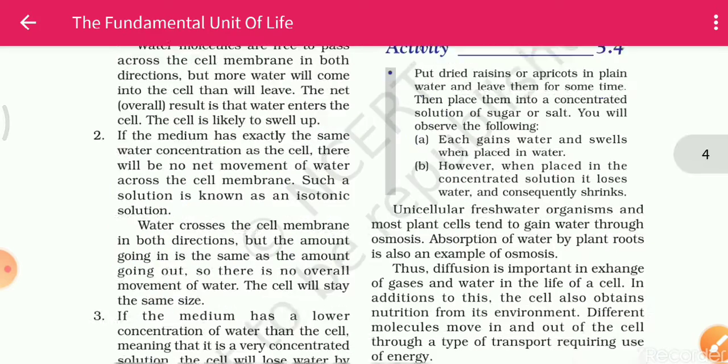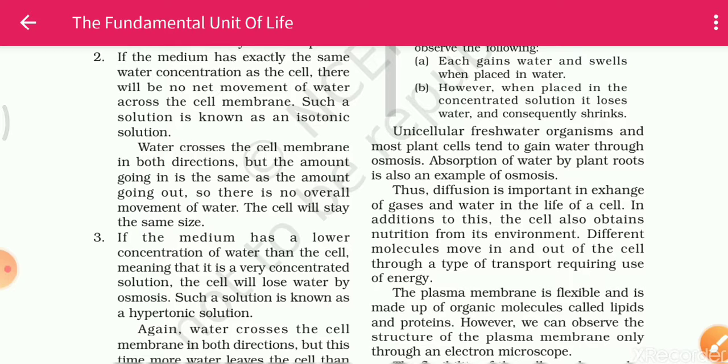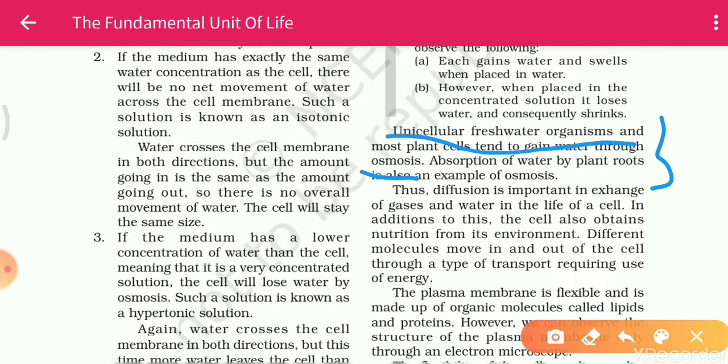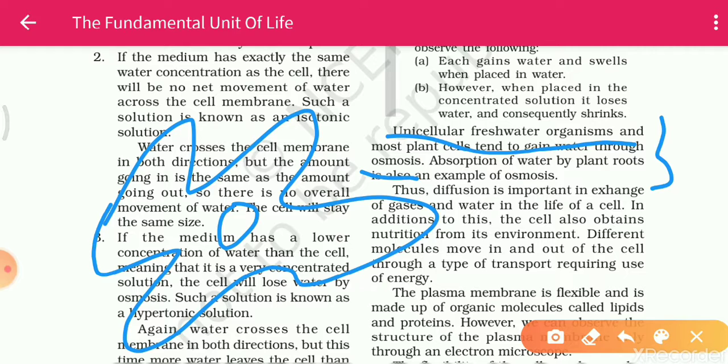Let's proceed to another paragraph. Now in this paragraph: unicellular freshwater organisms and most plant cells tend to gain water through osmosis. Yes, true. For a unicellular example, you can take the amoeba. Amoeba can take in water with the help of the osmosis process.